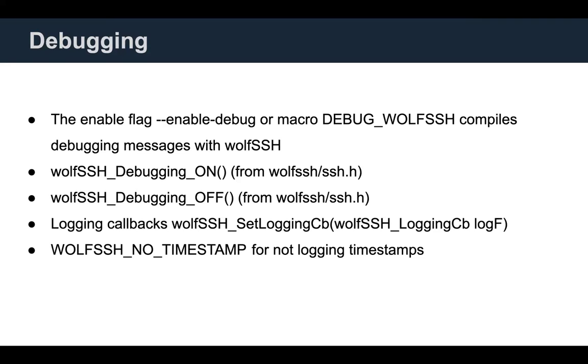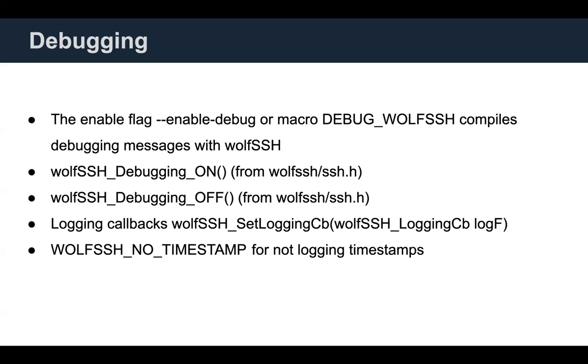It's set up very similar to how wolfSSL's debugging is, in that after building it with debugging enabled, you still need to make a call in the application to wolfSSH_Debugging_ON to start up the debugging log output. And it can be turned off with wolfSSH_Debugging_OFF. If not calling wolfSSH_Debugging_ON, then no debug logs will be printed out.